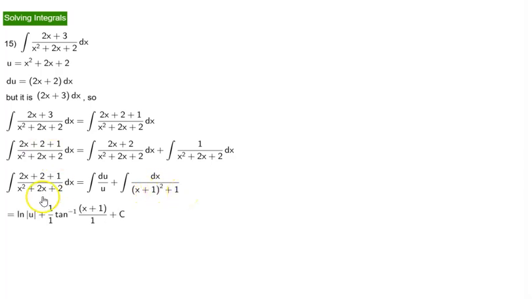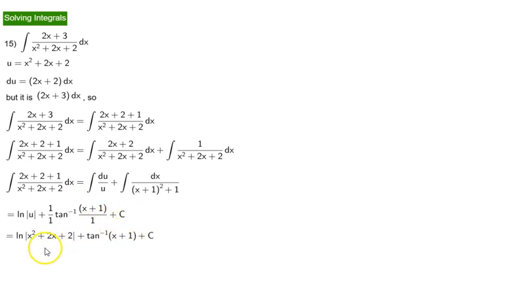Solving the integrals, integral du by u is natural log of absolute value of u, plus this is in the form dx by x square plus 1, which gives us plus 1 by 1 tan inverse of (x plus 1) by 1, plus c.